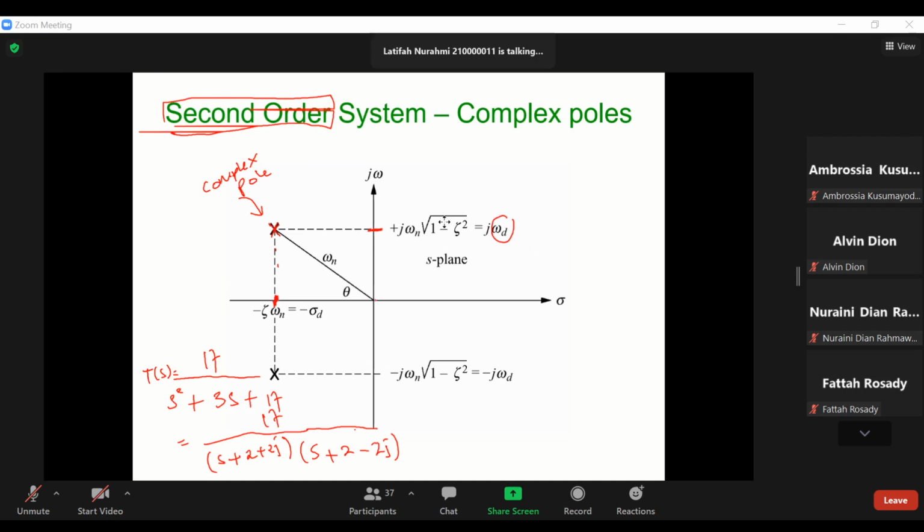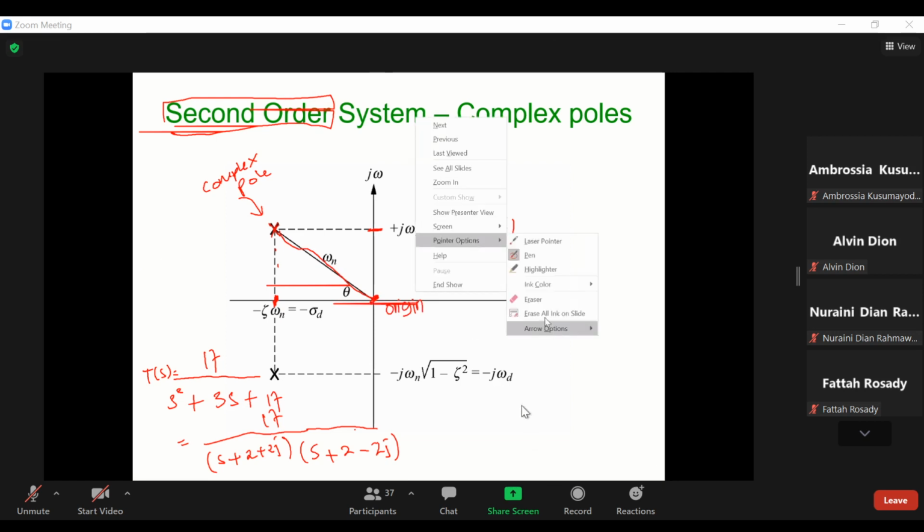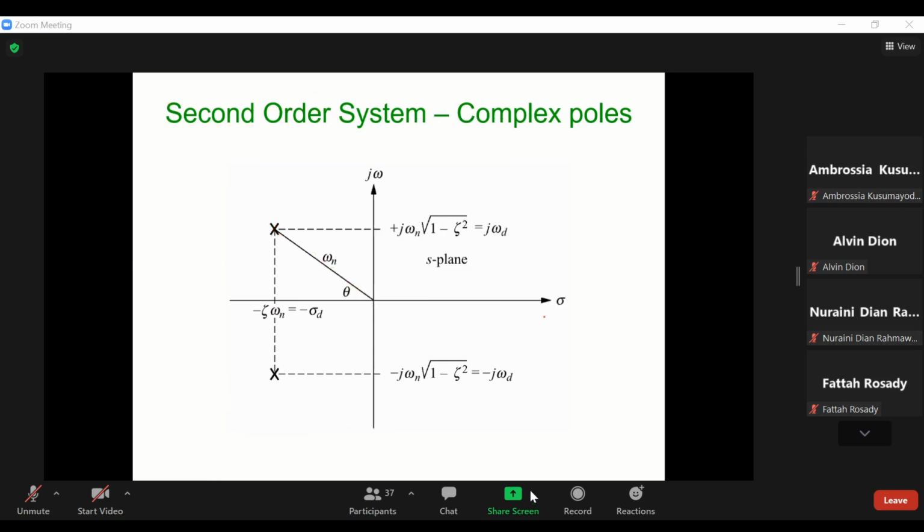And if you take a straight line from the origin to the complex pole, this diagonal line is omega n, our natural frequency.